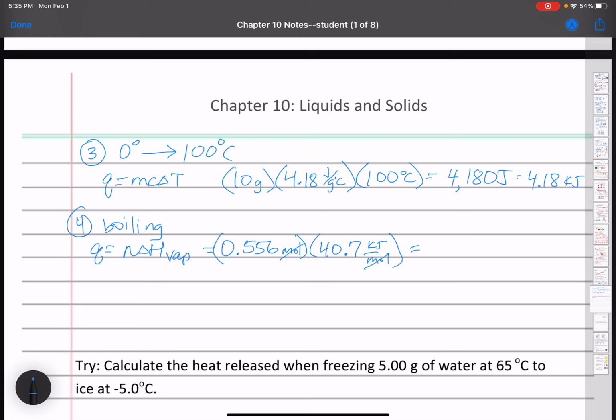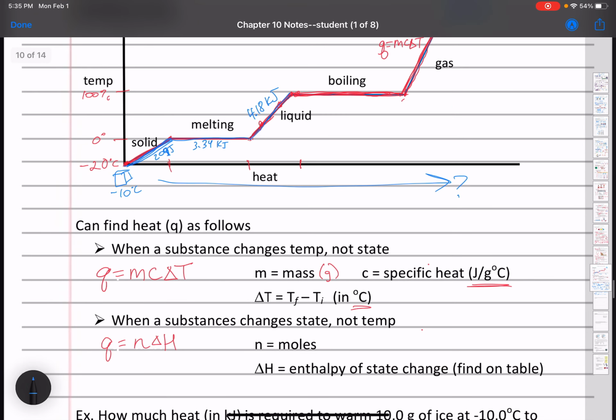Moles cancel out, and we get 22.63 kilojoules. So it's 22.63 kilojoules here.